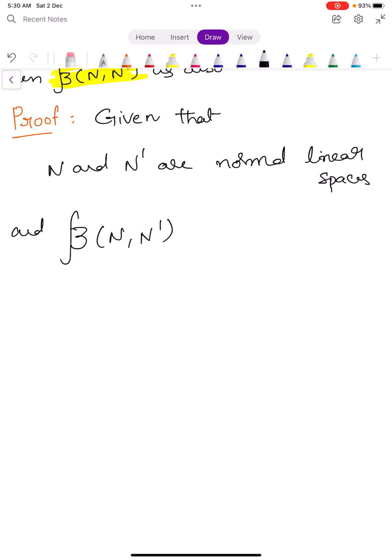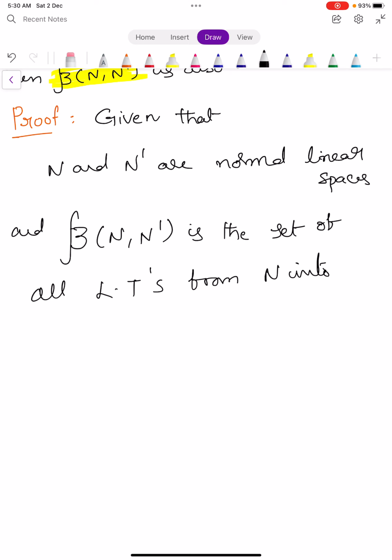Script B of N comma N dash is the set of all linear transformations from N into N dash. Remember that. This is an important point. Script B of N comma N dash is the set of all linear transformations defined from N into N dash.